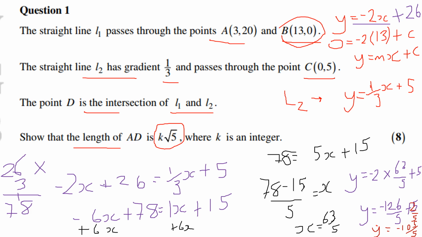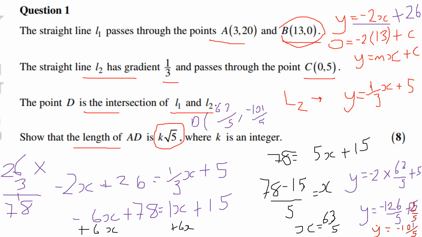So it's minus 101, sorry, it should be 101 fifths, not 105 fifths. So that's the coordinates of D. D has the coordinates 63 fifths and minus 101 fifths.